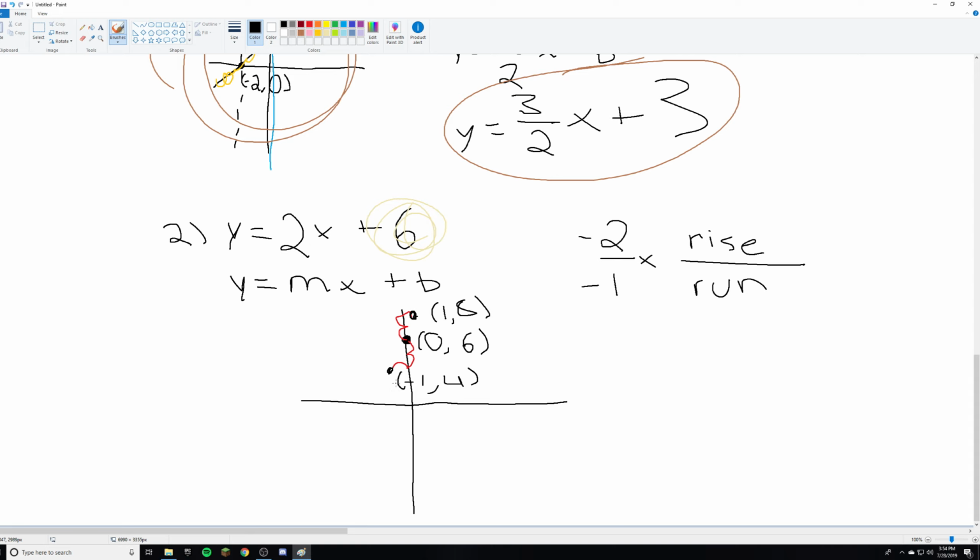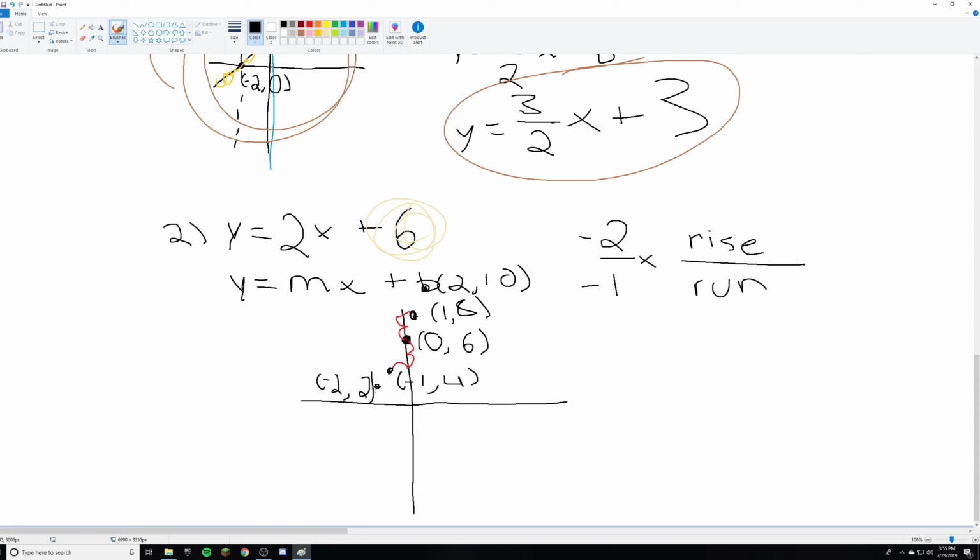So we just keep doing that until we are satisfied. We can have another point at 2, 10, and another point right here at negative 2, 2.